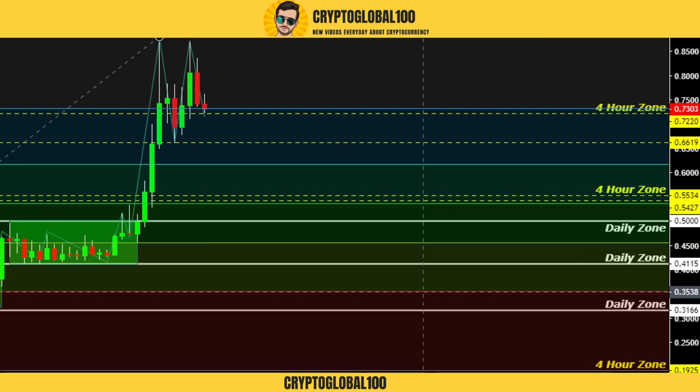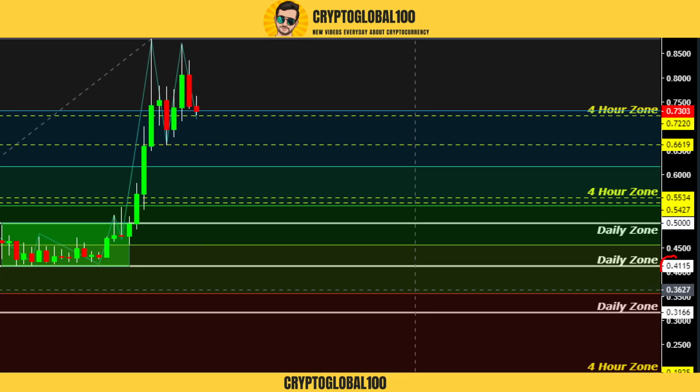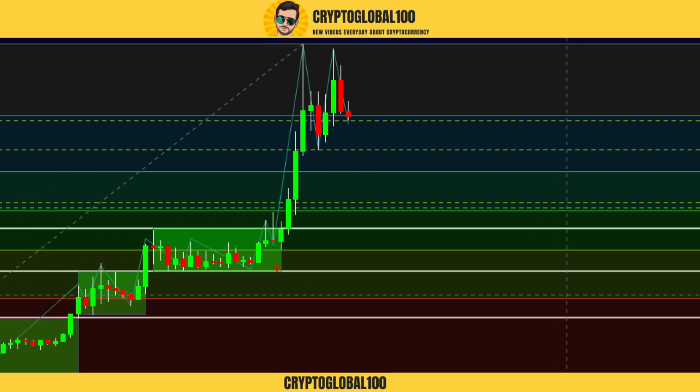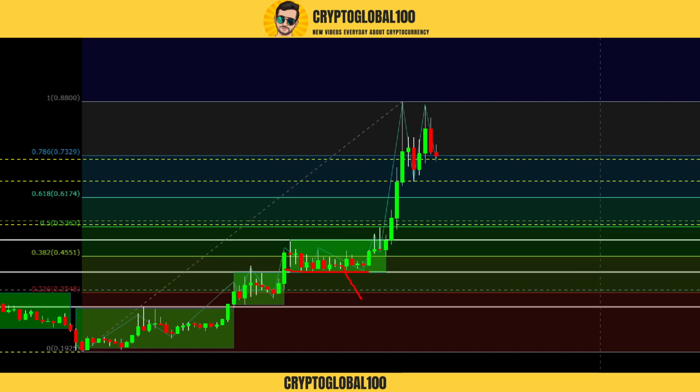So we can say that 0.4115 is a strong support because of a lot of rejections from this area, and people don't want to sell off below this point. This became the strong zone.